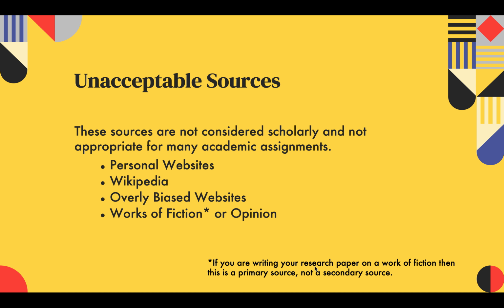Trevor Noah wrote a book called Born a Crime about his experience growing up in South Africa. So if I was writing a research paper on apartheid in South Africa, I might use a quote from his book as anecdotal evidence, but I wouldn't use it as social or statistical evidence because that's not what it is. Even though it's a memoir, it's not designed to be that type of information.